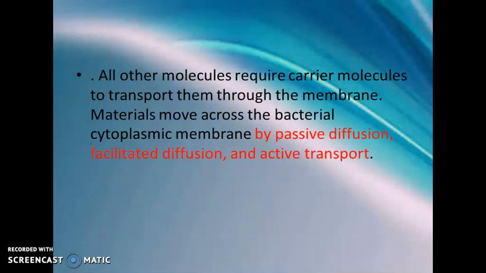All the other molecules require carrier molecules to transport them through the membrane. The materials move across the bacterial cytoplasmic membrane by different methods. How do the materials move? It is mainly through passive diffusion, facilitated diffusion, and active transport.